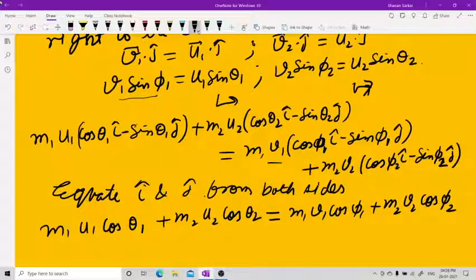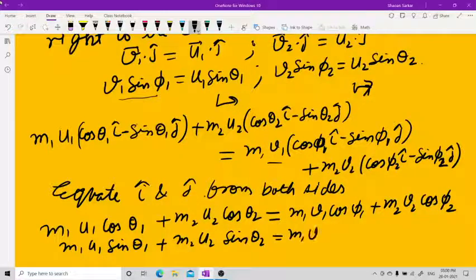The other one is of the minus everywhere, so you forget the minus sign. m1 u1 sine theta 1 plus m2 u2 sine theta 2 equals m1 v1 sine phi 1 plus m2 v2 sine phi 2. Now this is what you have got.